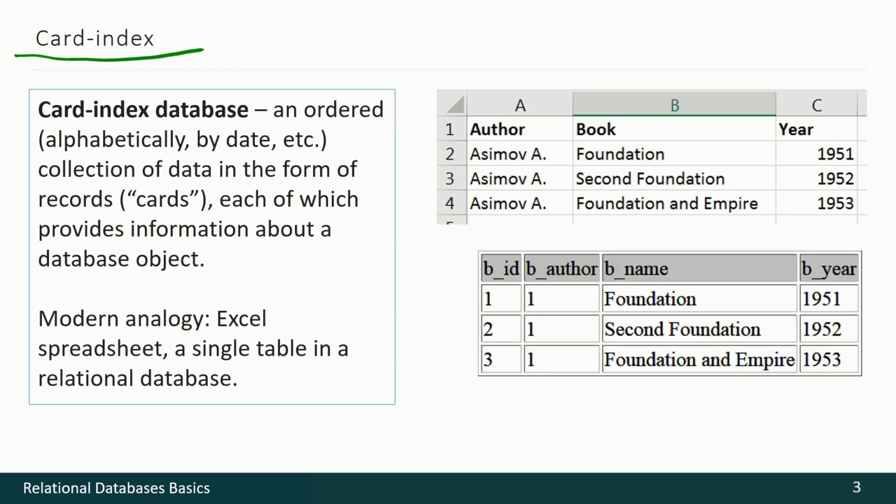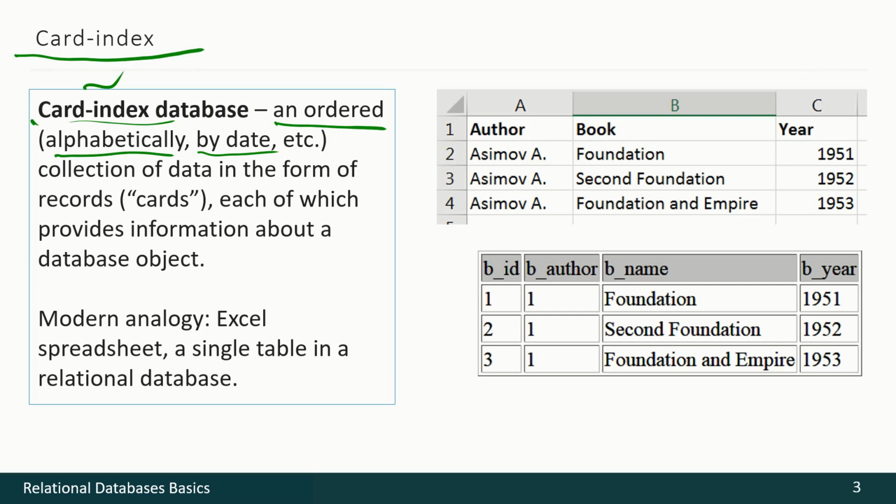Card index databases came into existence many years before computers did. Maybe you've seen in old movies some library with long boxes with cards. That was a card index database at that time. The main idea is to have some information ordered, usually alphabetically or by date or somehow.